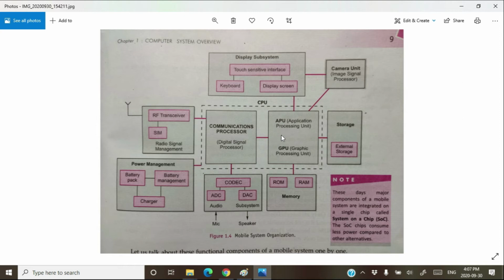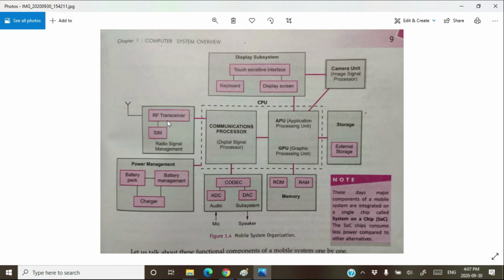The APU and GPU combination is connected to the communication processor. The communication processor is responsible for sending your voice on the mobile network. And the communication processor does this with the help of the RF transceiver, or you can just say transceiver.